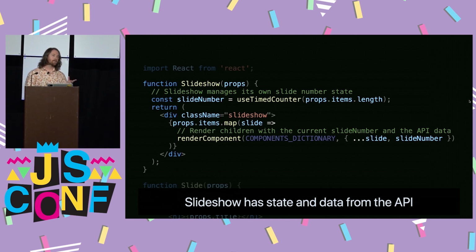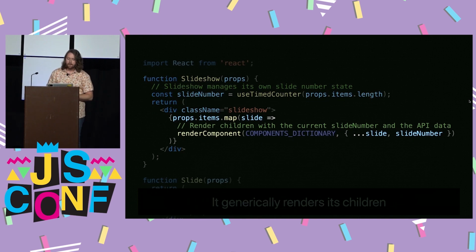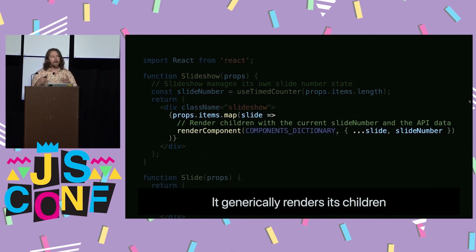And remember that the props here is the data that comes from the API. So it's going to include this items field. So we can map over the items field and get slides. And we're going to generically render the children using this dictionary, passing the data through and the current state of the slide number.